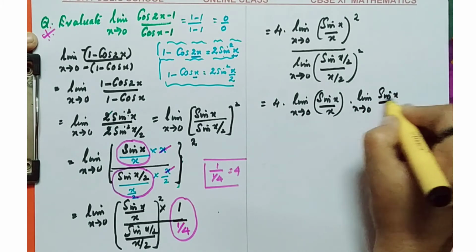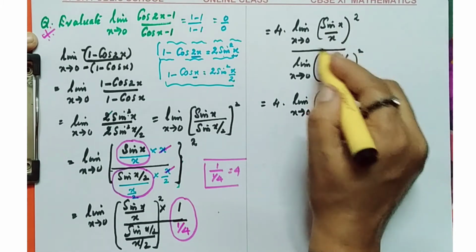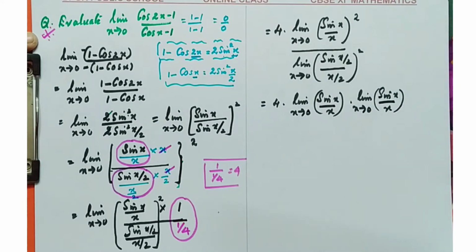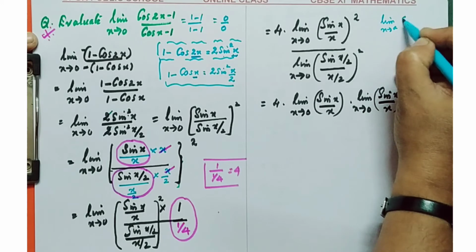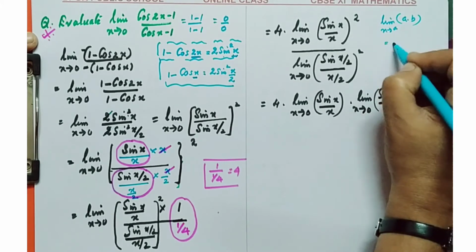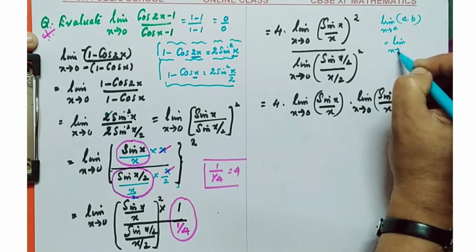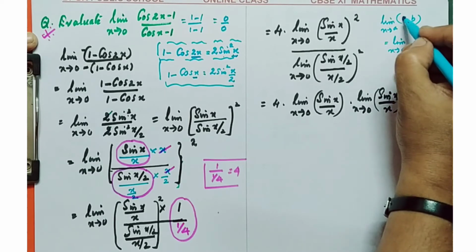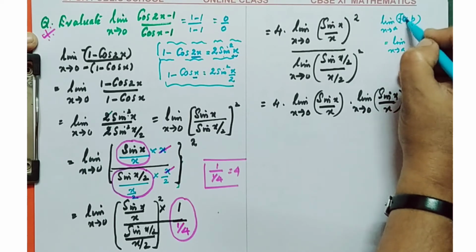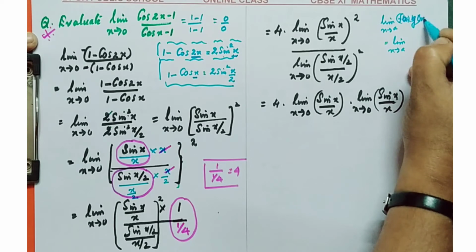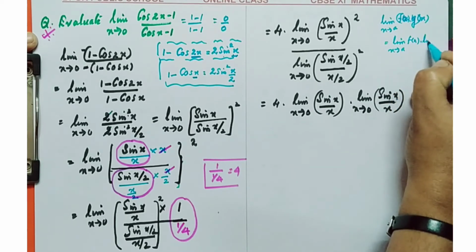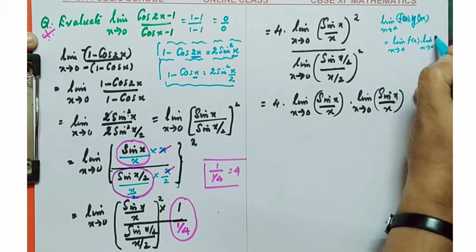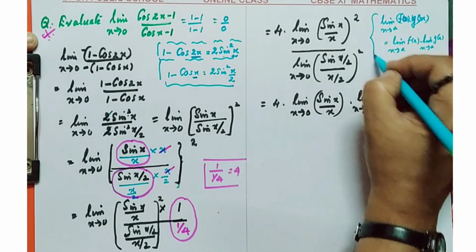This is what we mean by sin x by x the whole square, because we know the algebra of limits: limit x tends to a of f(x) into g(x) can be replaced as limit x tends to a f(x) into limit x tends to a g(x). Separate limits we can apply as per the algebra of limits.